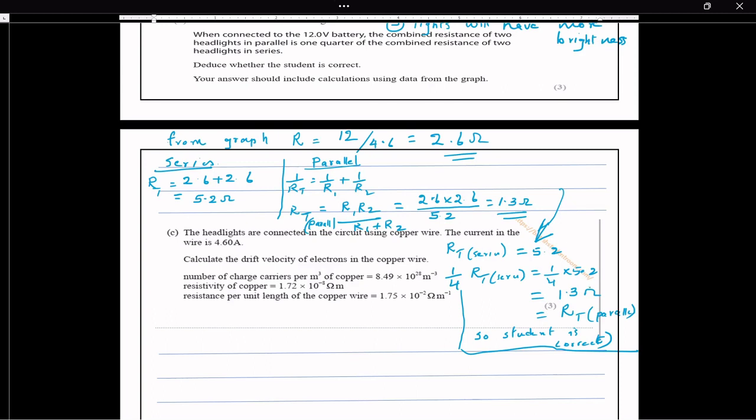So I'm writing here, RT series equals, in another way I can say, 4 times RT parallel. Another way I wrote it, parallel is 1/4 or series is 4 times. So the student is correct.